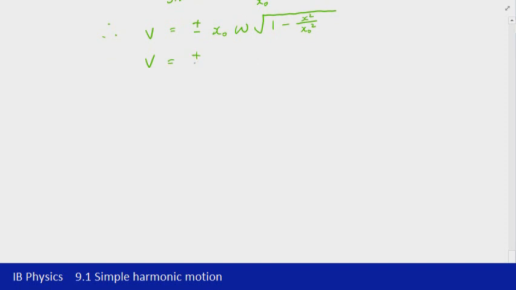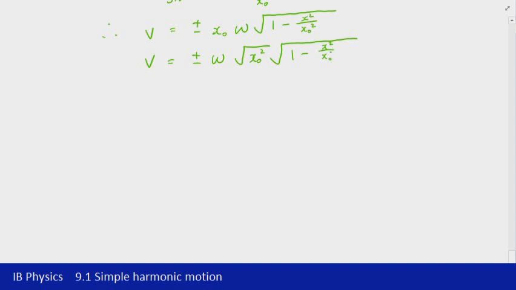The first thing that we're going to do is leave the omega term out the front, but take this x naught term and propagate it into the square root itself. So if you think about x naught, we could instead write that as the square root of x naught squared, and that would then all be multiplied by the other square root term that we have there as well.